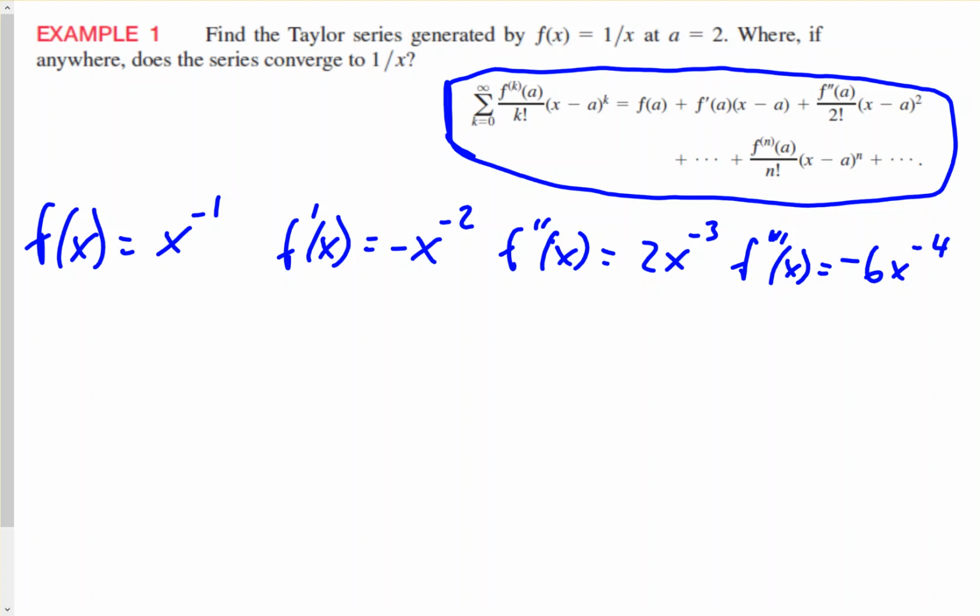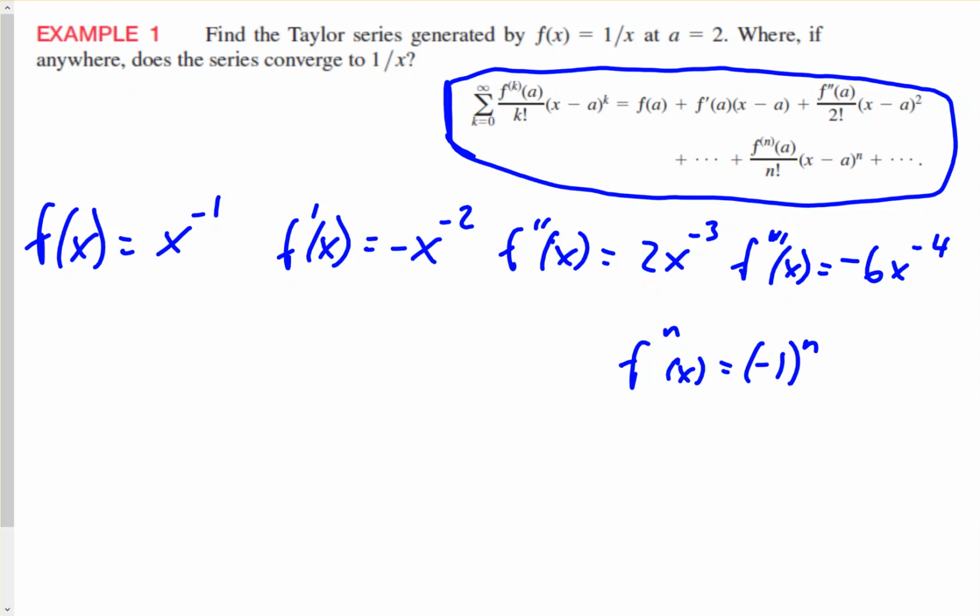And this will go like this, right? So if we have the nth derivative of x, because of the alternating signs, we would have negative 1 to the n.